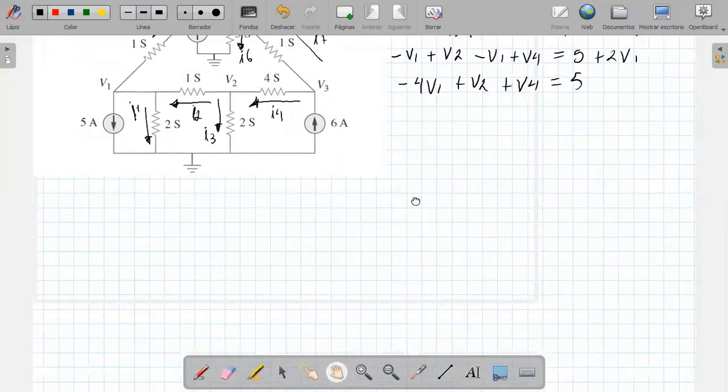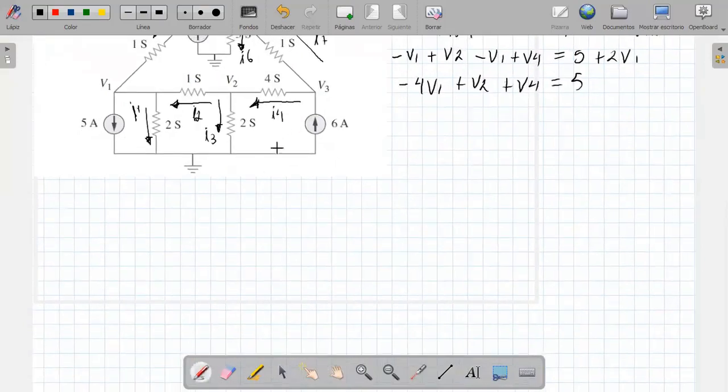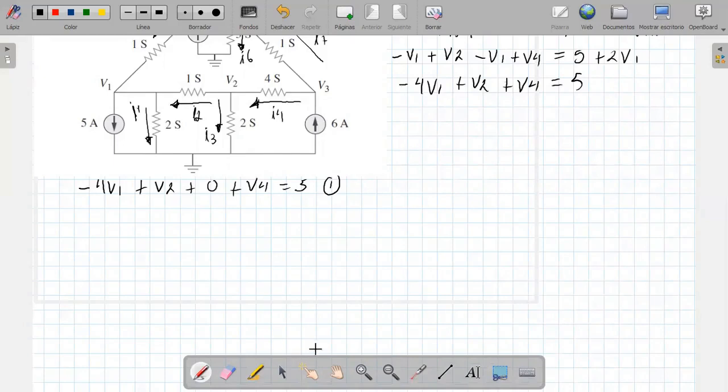I'm going to put more V2 here. There is no V3, so I'm going to put a 0 because there is no V3, plus V4 and 5. And that's my first equation.